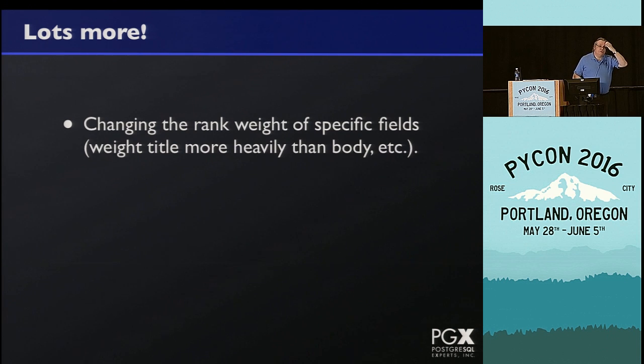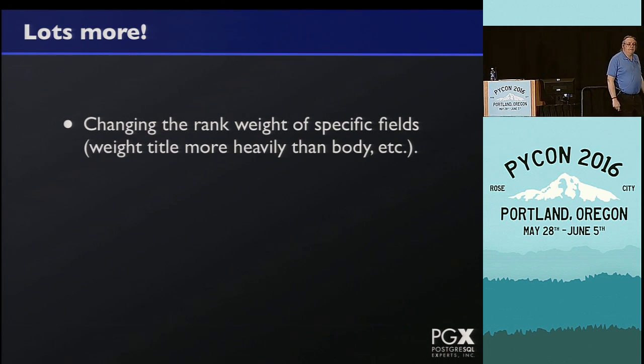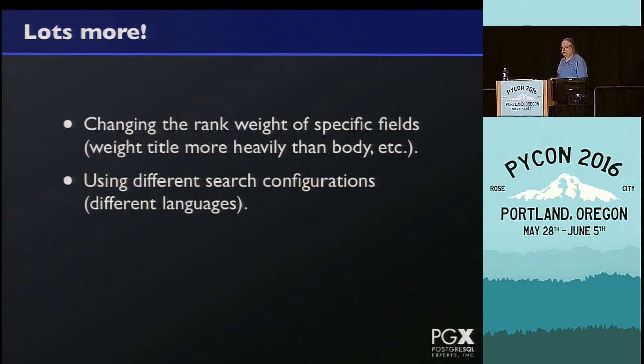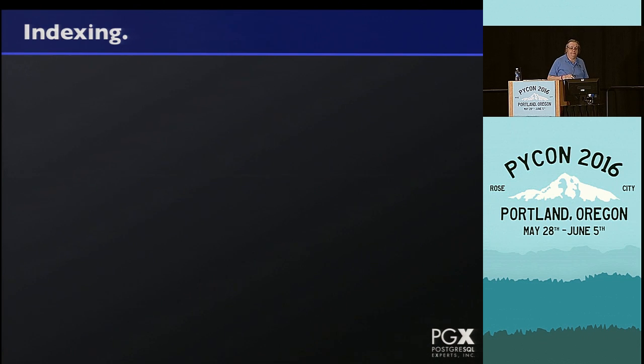There's lots more good stuff here. For example, you can change how much each individual field contributes to the rank. You might want the article title to weigh more heavily, or its keywords to weigh more heavily than the body. So you can do that stuff. And you can set different search configurations from Django. For example, if you're searching in French or German, you might want to set those.